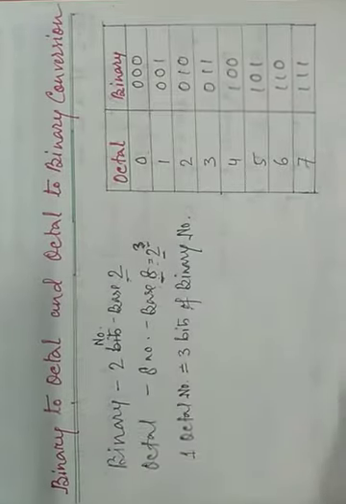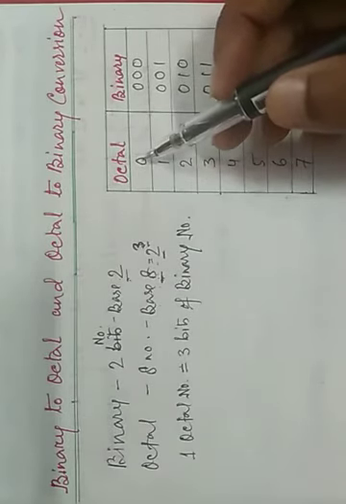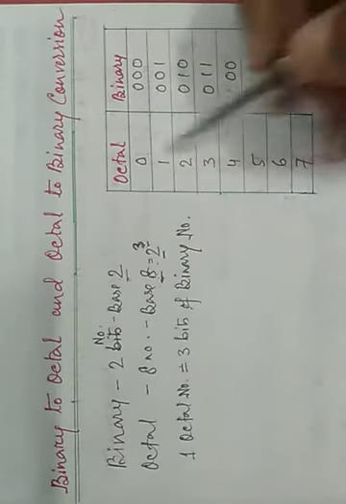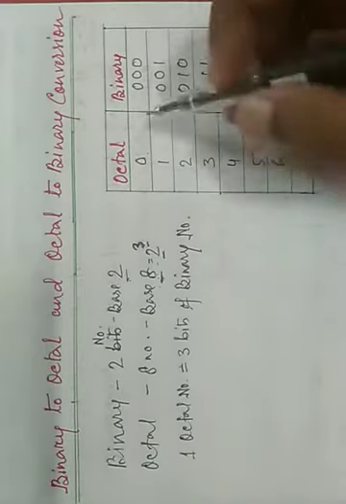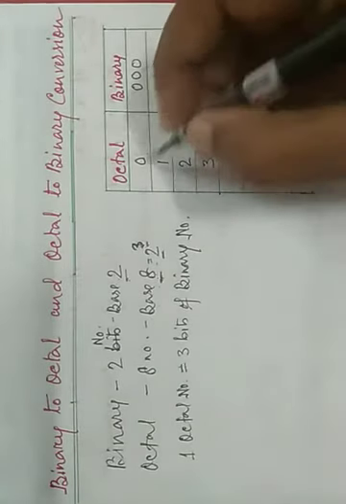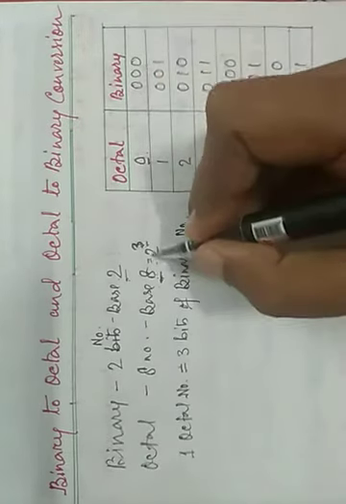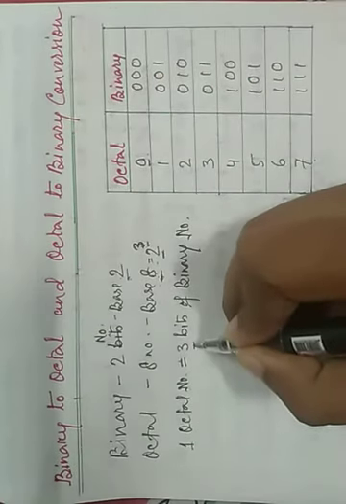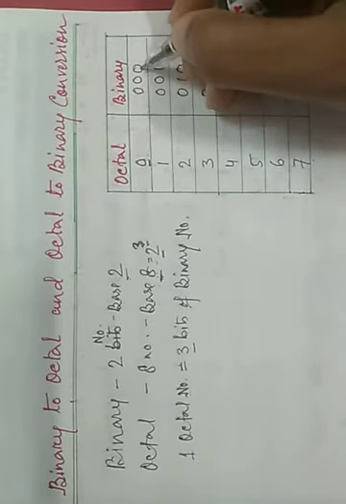Okay. So here is a table. In octal number there are the numbers 0, 1, 2 up to 7, and in binary number we can write this. So how do we get this binary number? Just think, octal 0, as we know that 1 octal number is 3 bits of binary number. So for 0 we have to write 3 zeros in binary number.